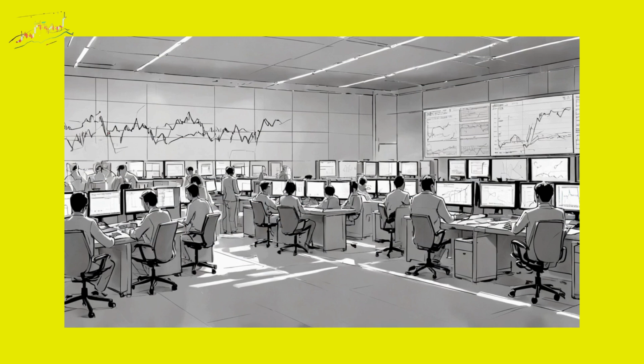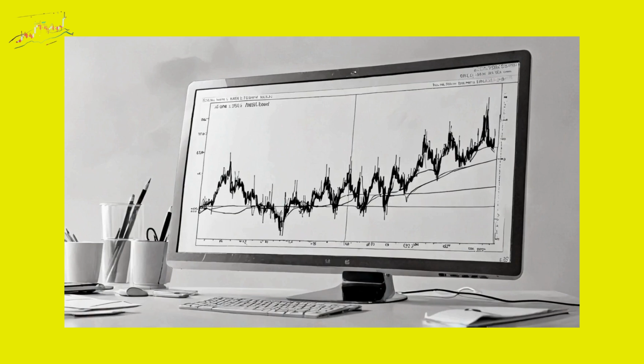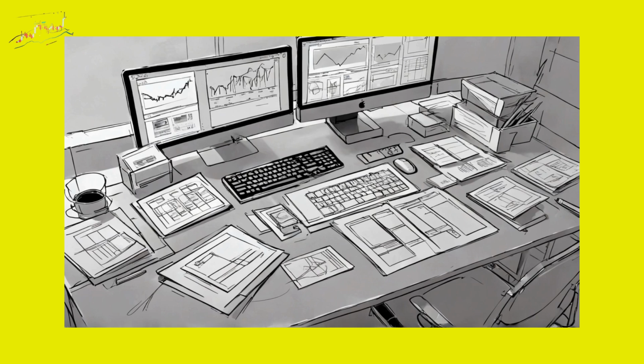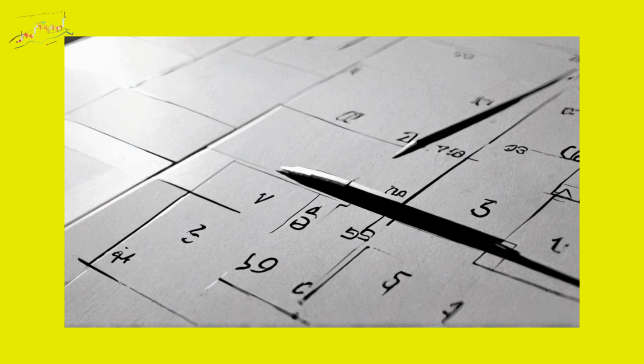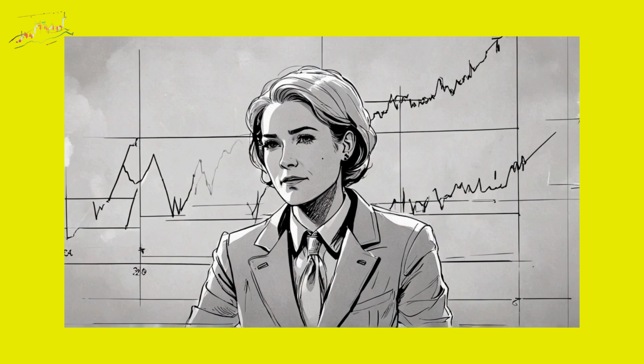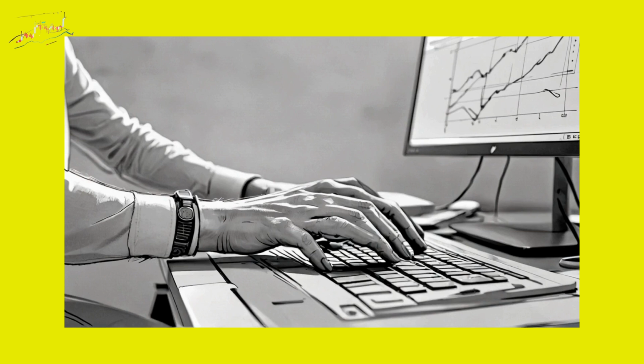Okay, so we've got moving averages and VWAP, but there's one more indicator we've got to talk about: MACD. MACD, or Moving Average Convergence Divergence, is a momentum indicator. Think of it like a surfer riding those waves of buying and selling pressure. MACD has 2 lines, the MACD line itself and a signal line.